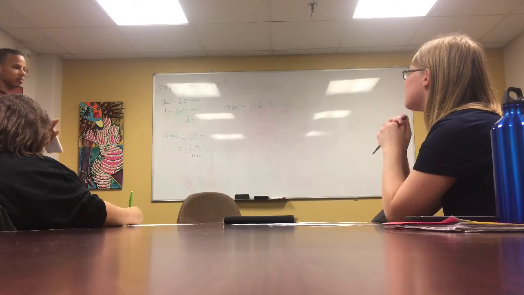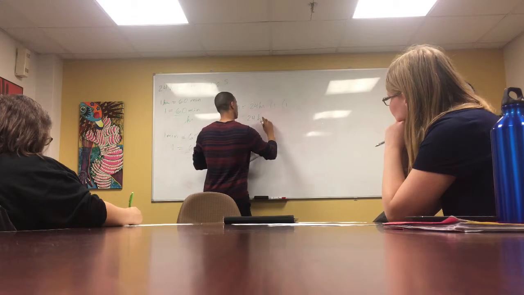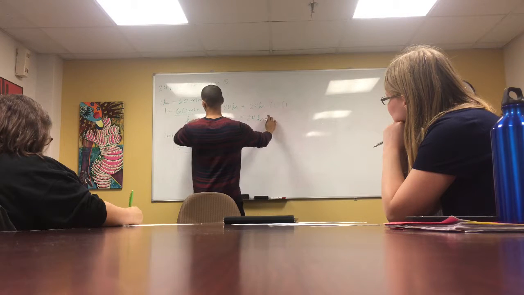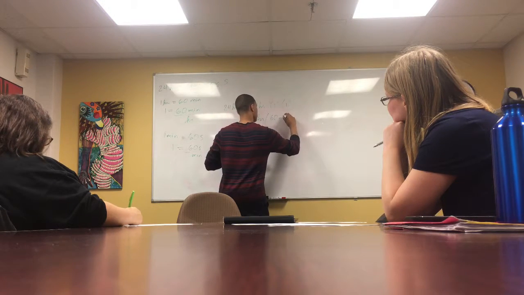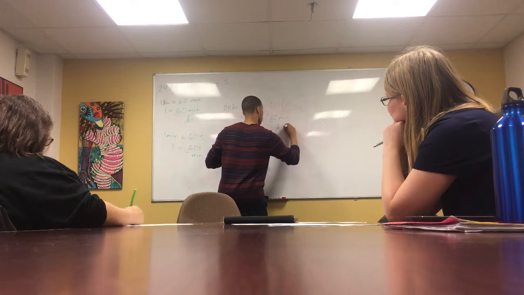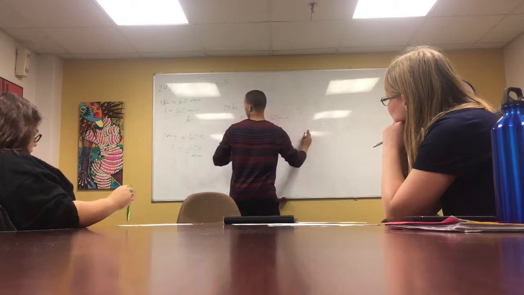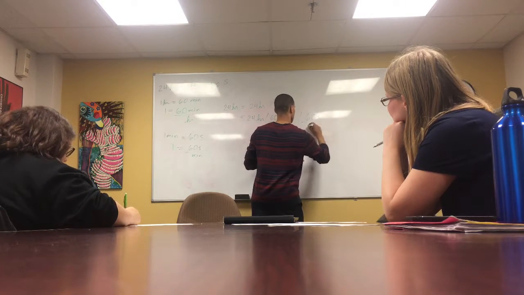Haven't changed anything. 24 hours is going to be equal to 60 minutes divided by hours times 60 seconds divided by minutes.